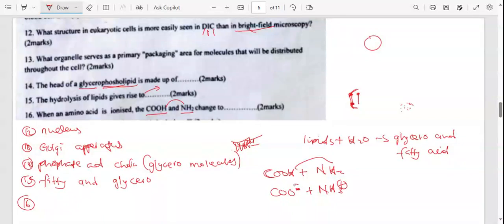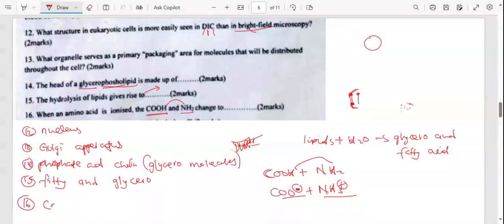So we have seen that when an amino acid is ionized, we break it into ions. To form an ion, we form this and also this: the carboxyl group and also the amino group. That's about 16, and those are the answers. Those are the products when we ionize these two.